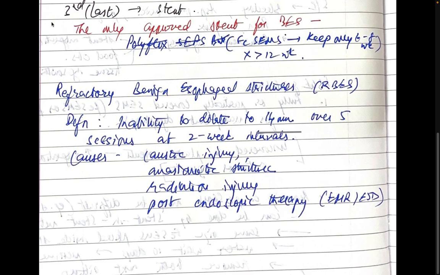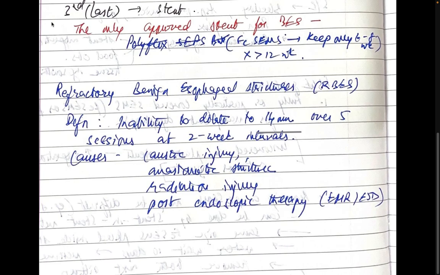Refractory benign esophageal stricture. The definition is inability to dilate to 14 millimeters over 5 sessions at 2-week intervals. So there are 5 sessions at 2-week intervals, and you should not be able to dilate more than 14 millimeters. That is refractory benign esophageal stricture.